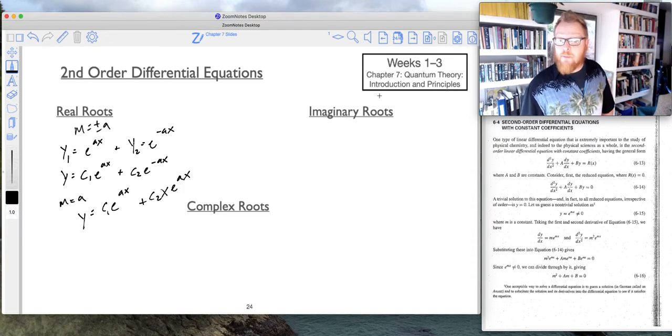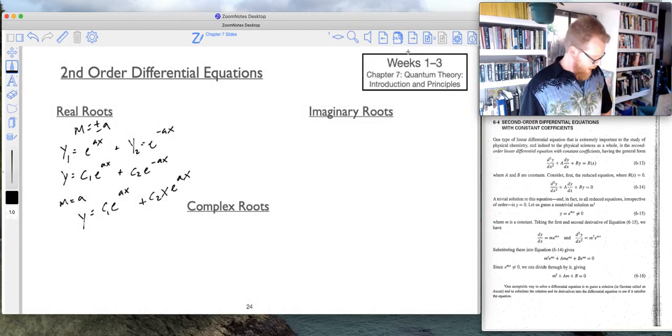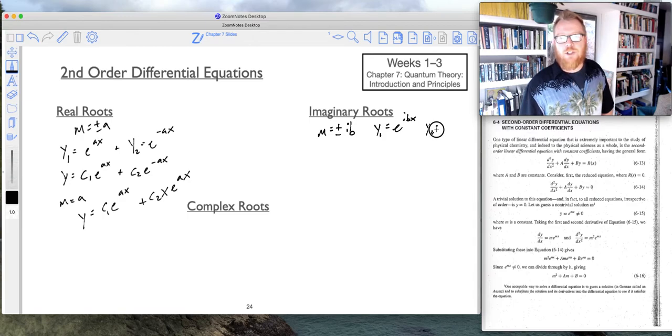What if we have imaginary roots? That means, in other words, if we solve this quadratic equation and we get m equals plus or minus i times b, then my solution 1 would be e to the ibx, and my solution 2 would be e to the negative ibx.